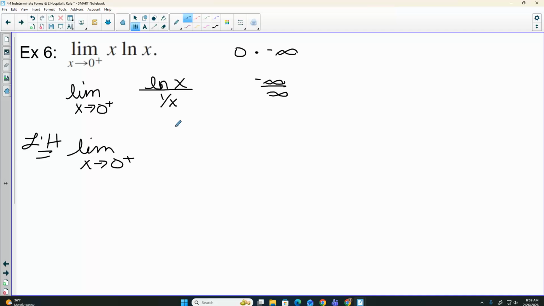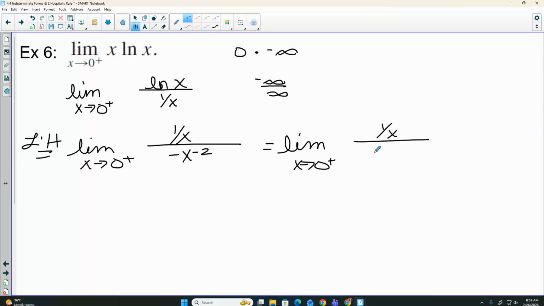So natural log of x, the derivative of a natural log is 1 over the argument. The denominator is 1 over x, or you could think of that as x to the negative 1. So when you do the derivative, you get negative x to the negative 2, or that's the same as negative 1 over x squared.